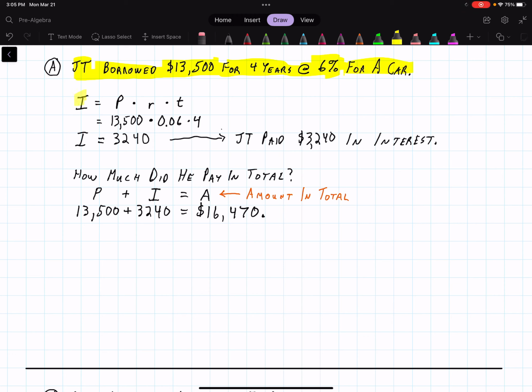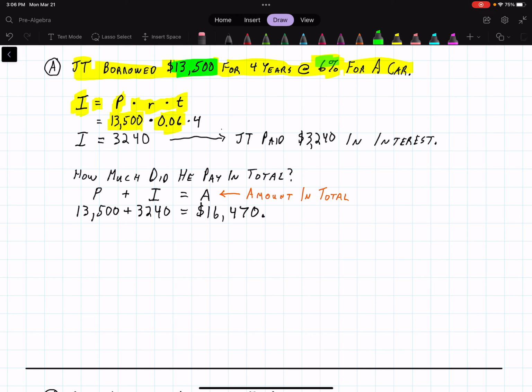So we set up our formula. Interest is equal to principal times rate times time. We know the principal, $13,500. We got that from right here. That's the amount of money that he is attempting to borrow. We know the rate is 6%.